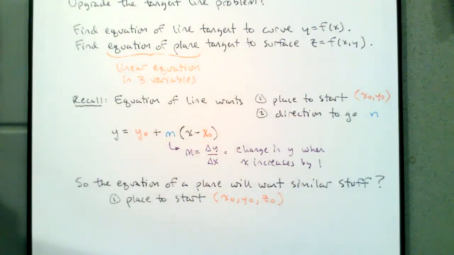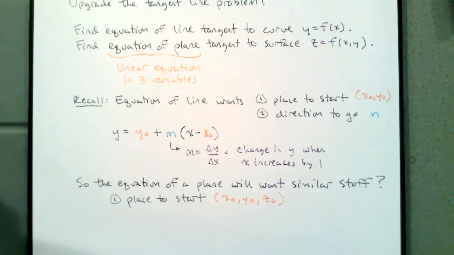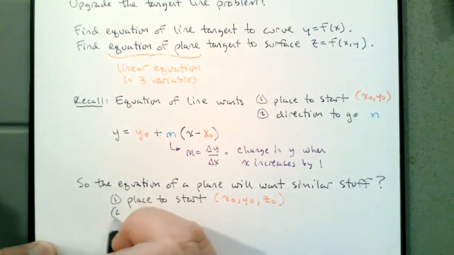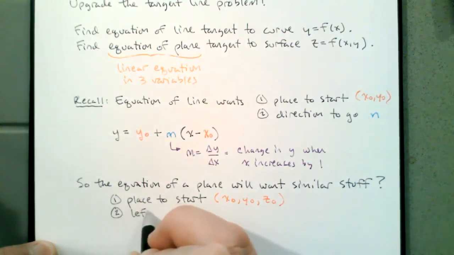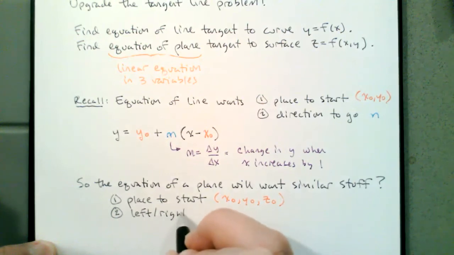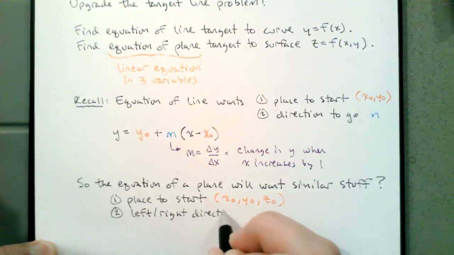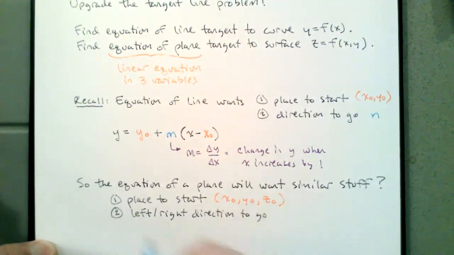But when we're standing in a plane, we don't just have one direction to go like when we're on a line. On a plane, we can go left and right, and we can go forward and backwards. So what we're going to want for the equation of a plane is two directions to go. A left-right direction and a forward-backward direction.